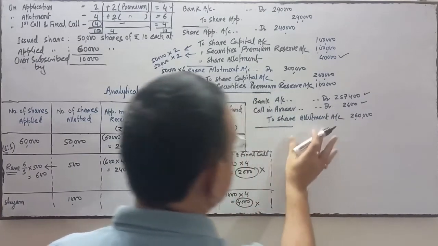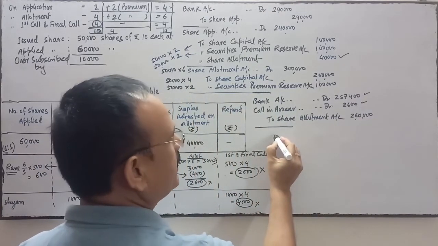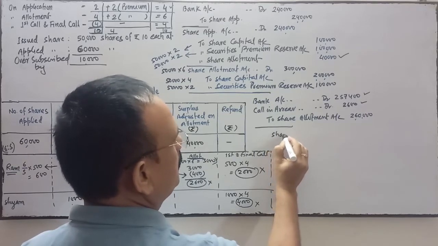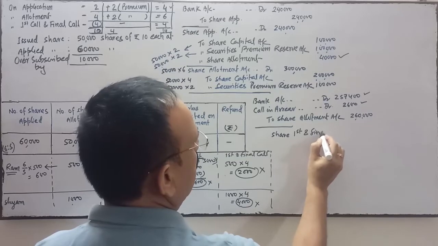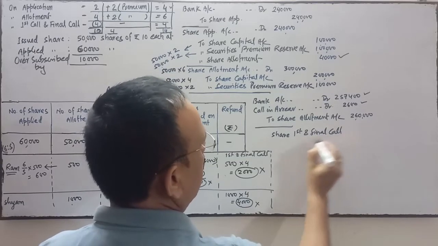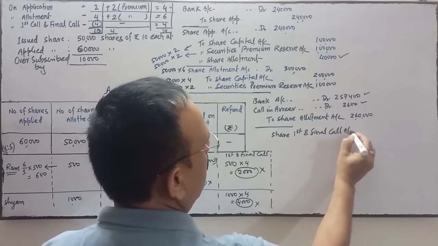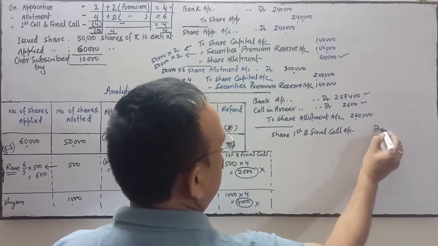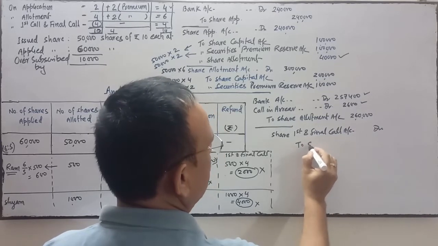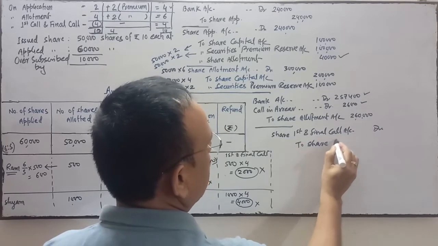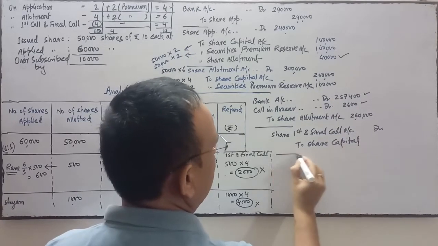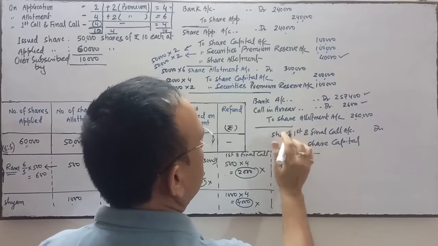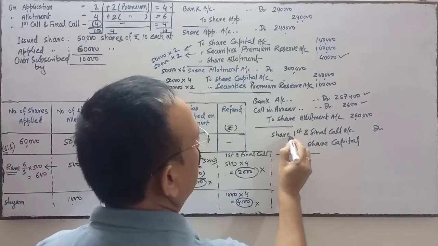Now coming to the share first and final call. Share first and final call account debit to share capital. This is the first and final call.